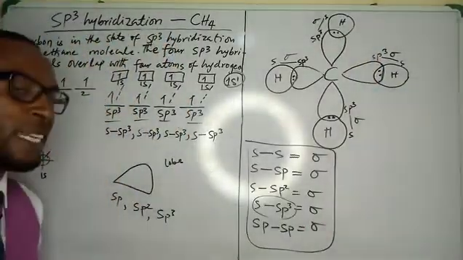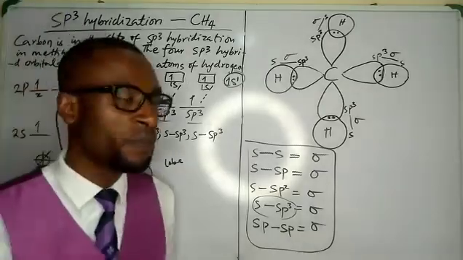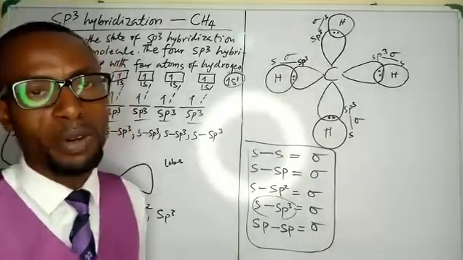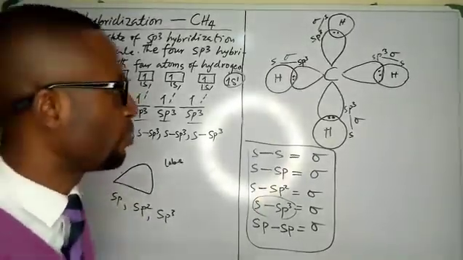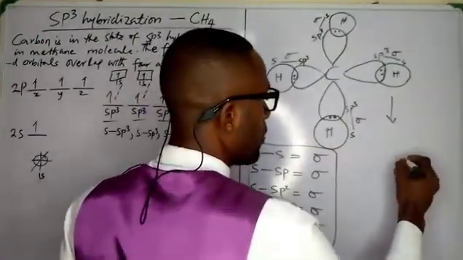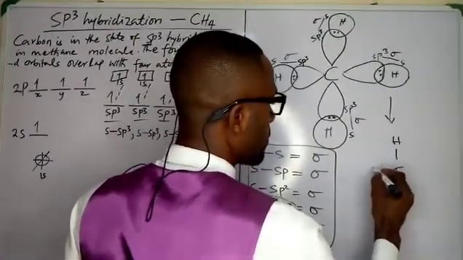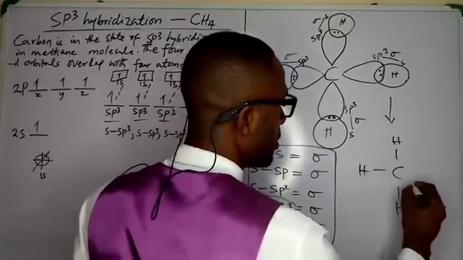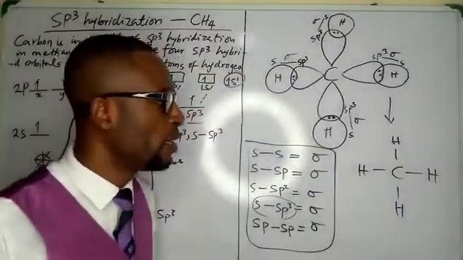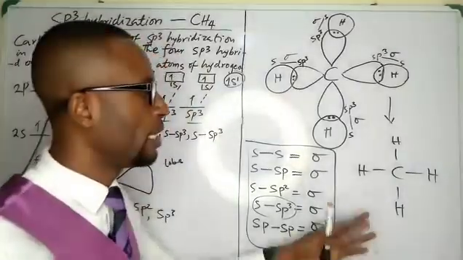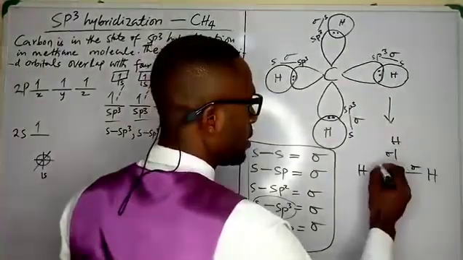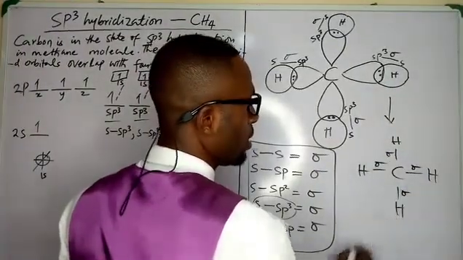You discover that it is the concept of hybridization that helps us to understand the formation of sigma bonds and of course pi bonds as we proceed. So in the simple diagram of methane, you have this. If you are asked how many sigma bonds and pi bonds are there in methane, you tell them that this is a sigma bond, this is a sigma bond, this is a sigma bond, this is a sigma bond.